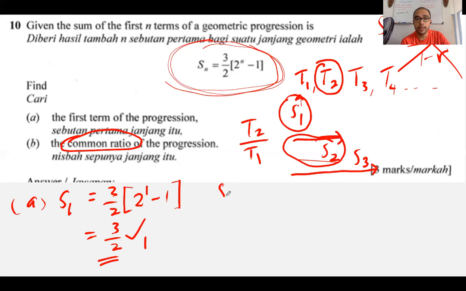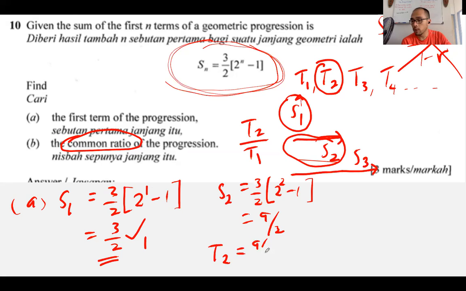Okay, so S2. When I substitute 2 inside the letter n, you get 2 to the power 2 minus 1. I'll get 9 over 2. So T2 will be 9 over 2 minus 3 over 2, kan?